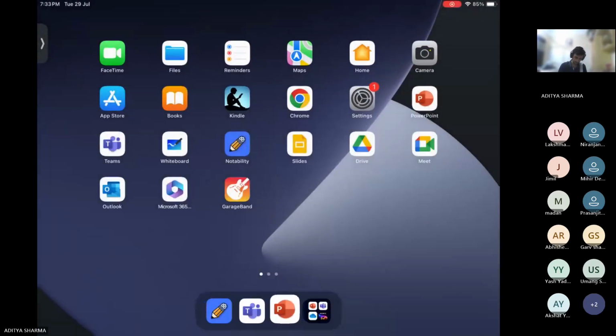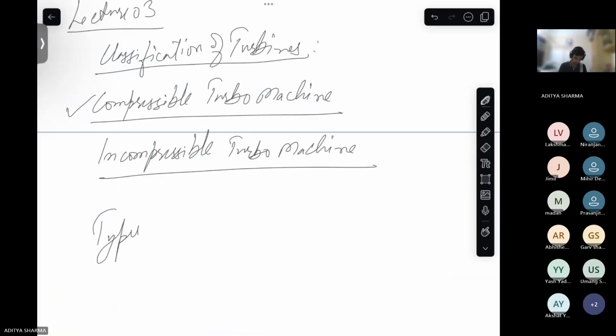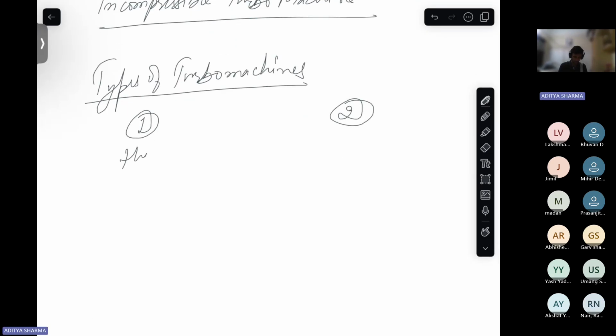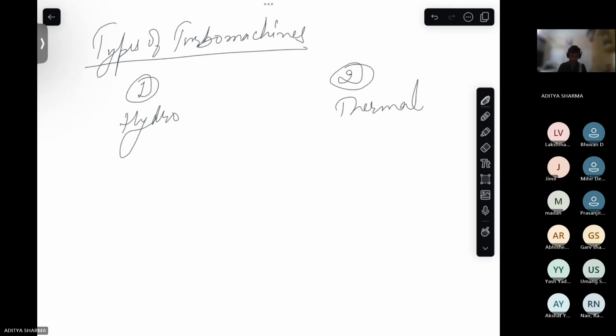Then types of turbo machines. Two major categories are hydro and thermal. Hydro is basically water based, and in thermal, temperature comes into the picture, but in hydro, temperature does not.